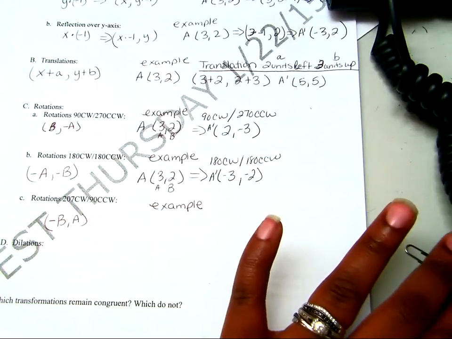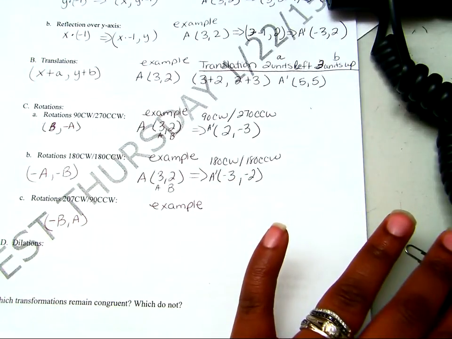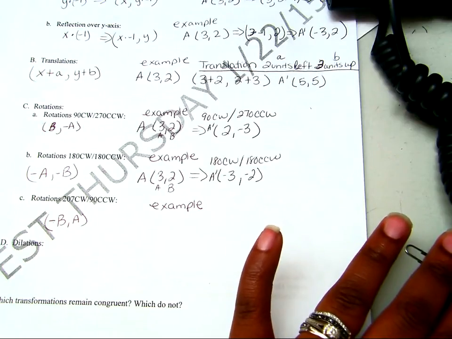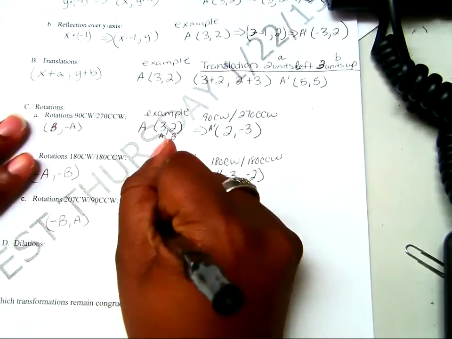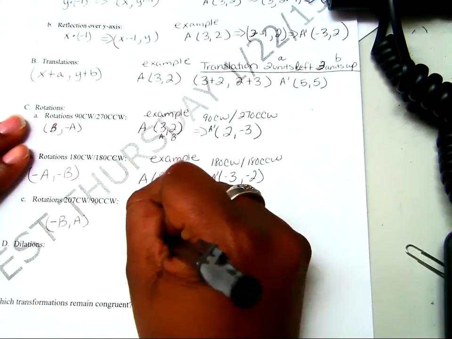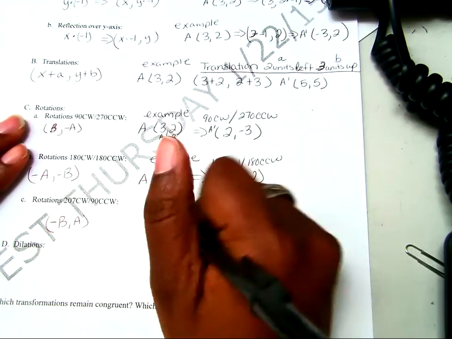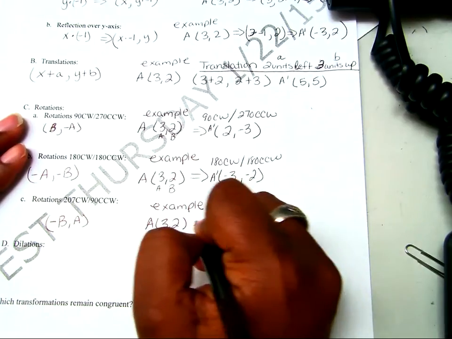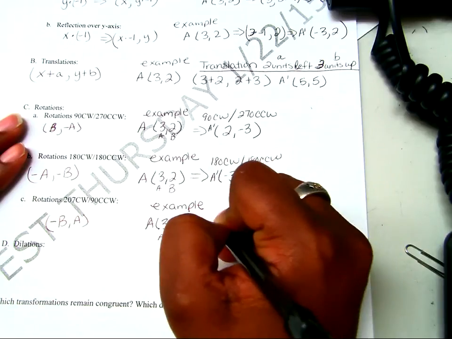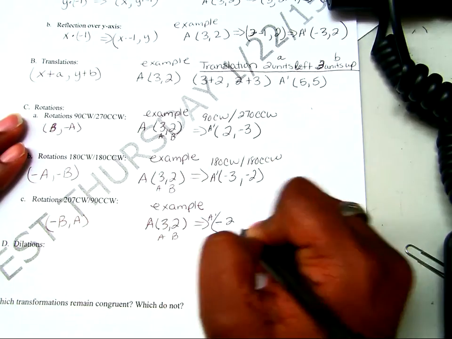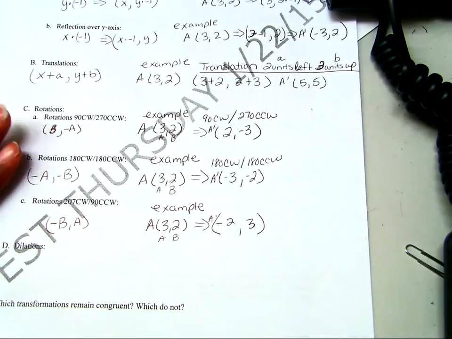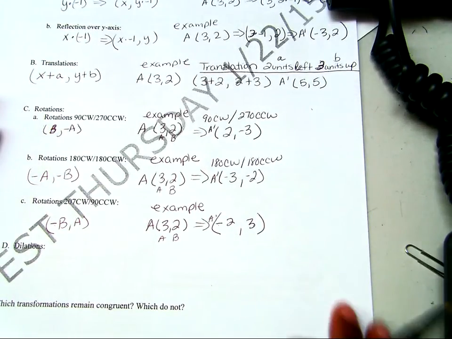All right, example, if I had A (3, 2), I label it a, b for my x and y, it will end up being negative 2, A prime will end up being negative 2, and then whatever a already was. All right.